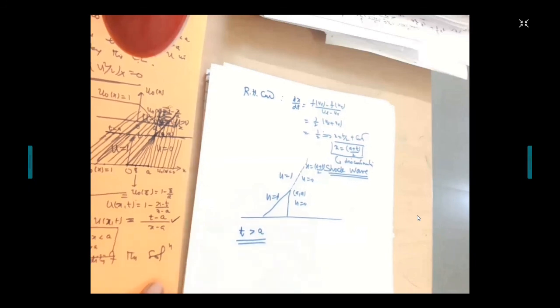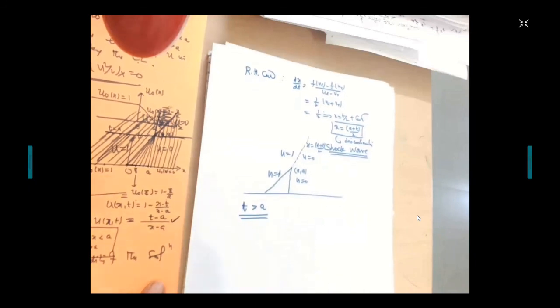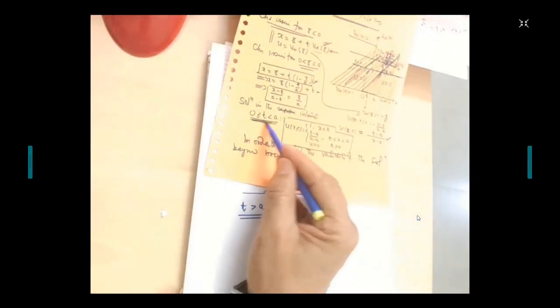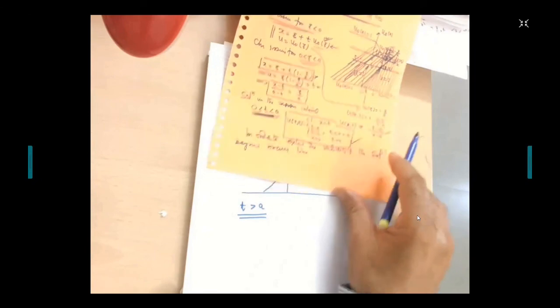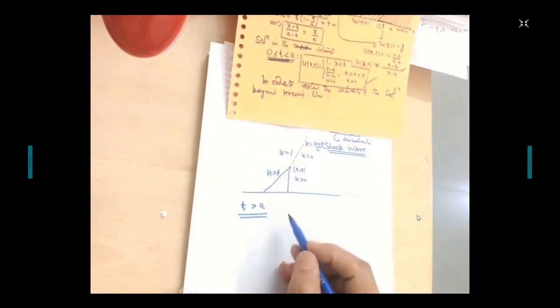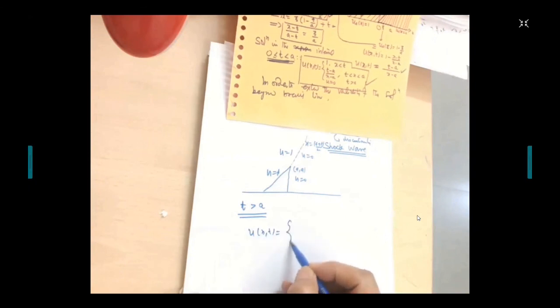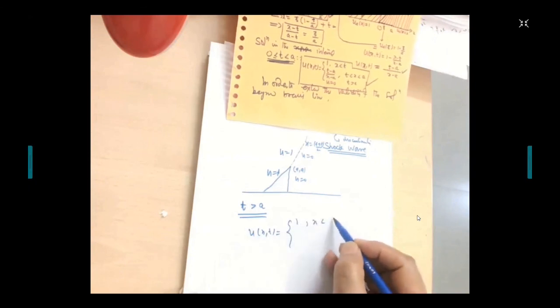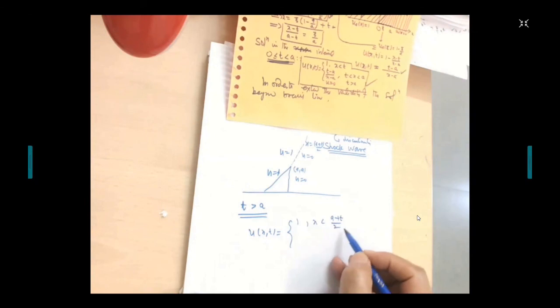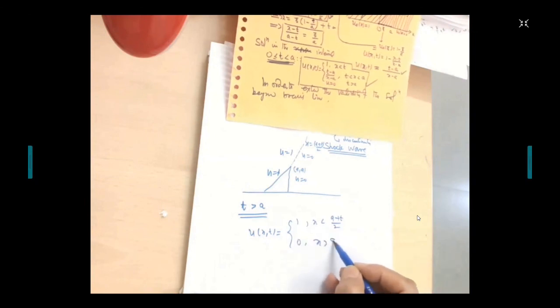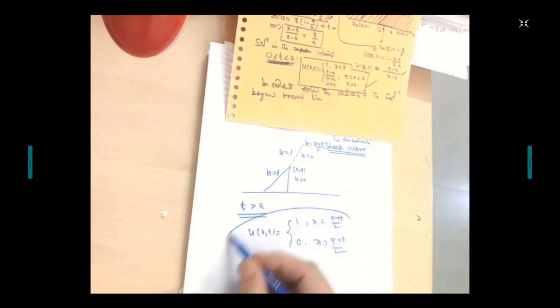So the complete solution consists of two distinct intervals. One is the interval 0 to a, in which I have already mentioned the solution. The other one, for t greater than a, the solution is 1 when x is less than a plus t by 2, and 0 when x is greater than a plus t by 2.